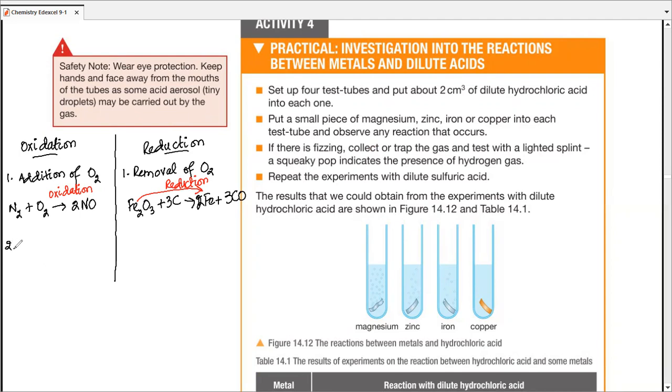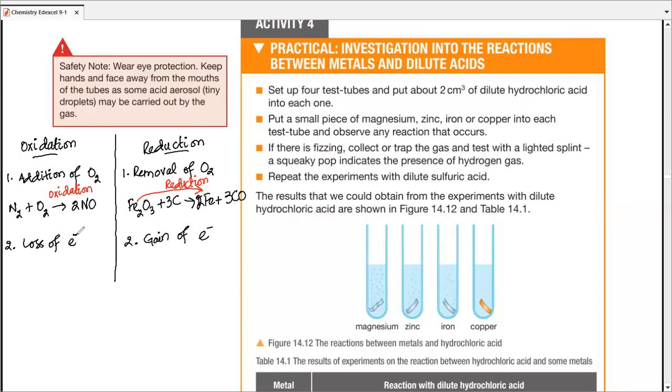So another way of defining it was loss of electron. Loss of electron from a compound, from an element, from a species would be considered oxidation. And another definition for reduction would be gain of electron. This is the main definition of oxidation or reduction that we go for.